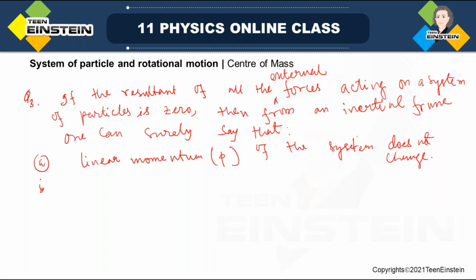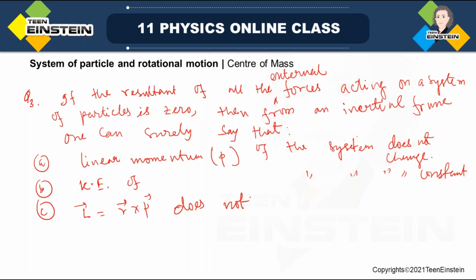Then second is kinetic energy of the system is constant. Then option C, angular momentum of the system does not change. Angular momentum L, which is R cross P, does not change.